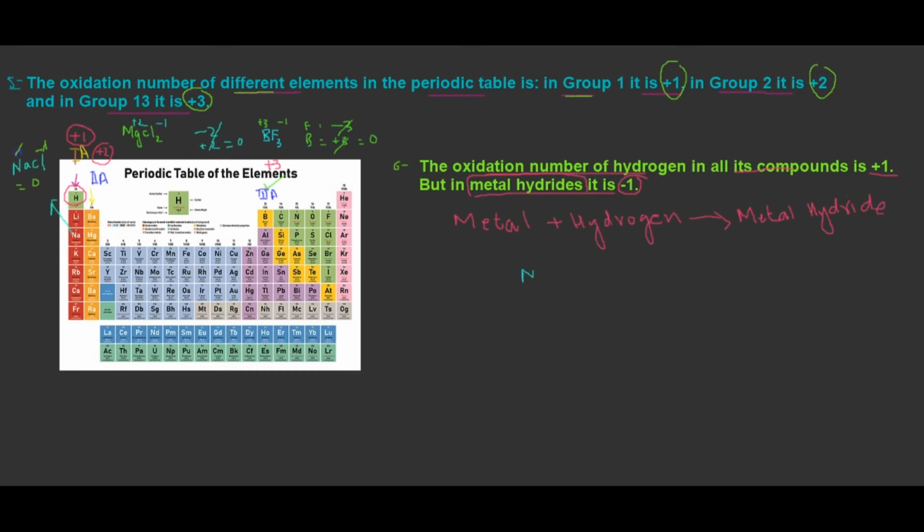if we have sodium, as you are more familiar, sodium is a metal, so whenever it reacts with hydrogen, it would form a metal hydride. This is known as sodium hydride.